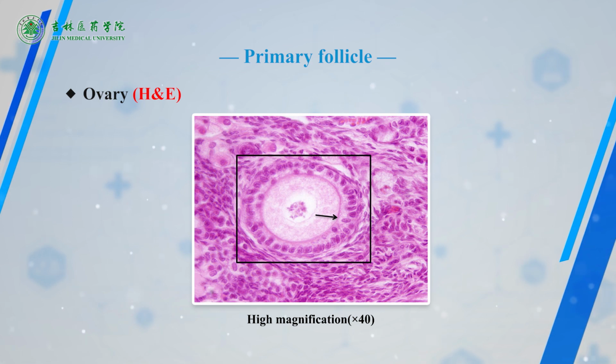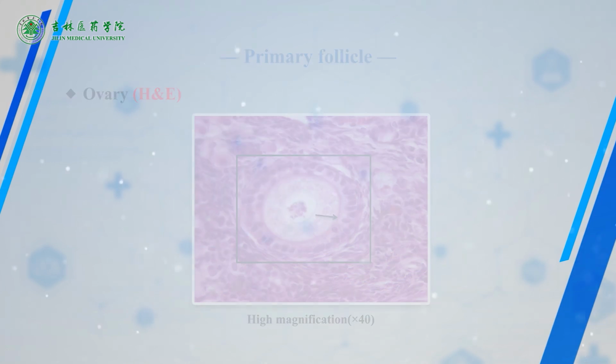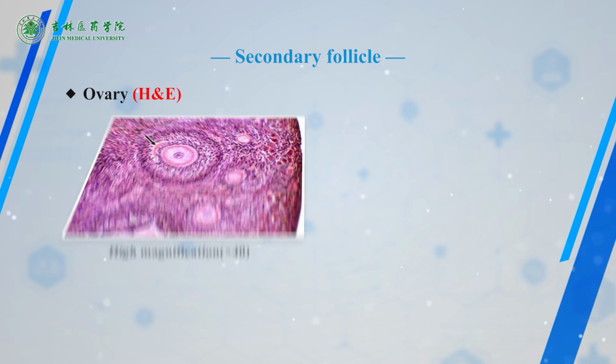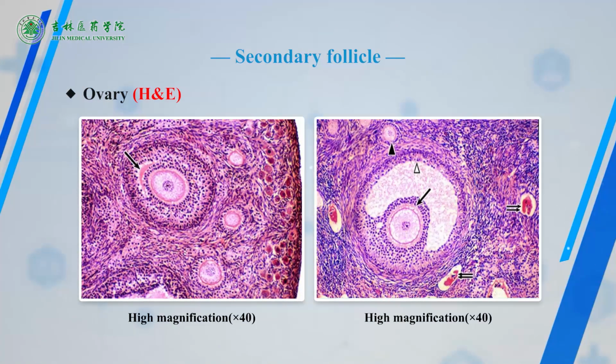The innermost layer of follicular cells become columnar cells, which arrange themselves radially into regular layers around the zona pellucida, called corona radiata.